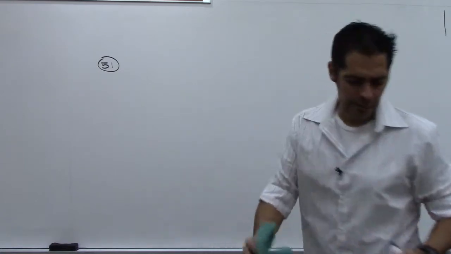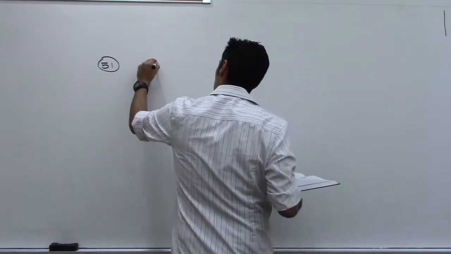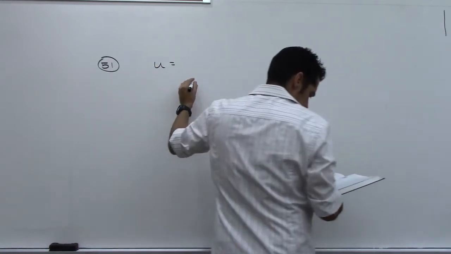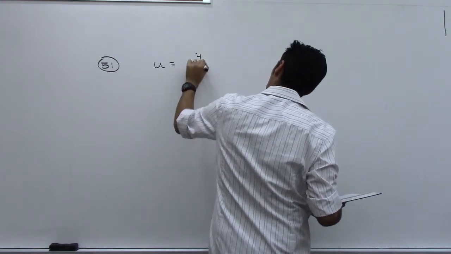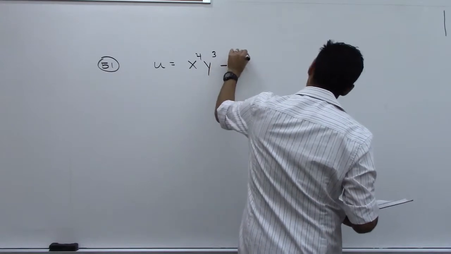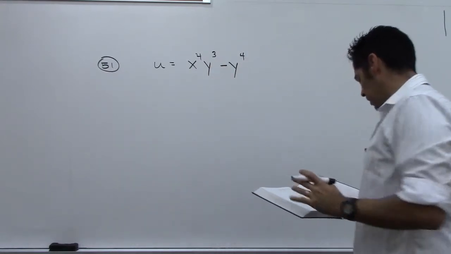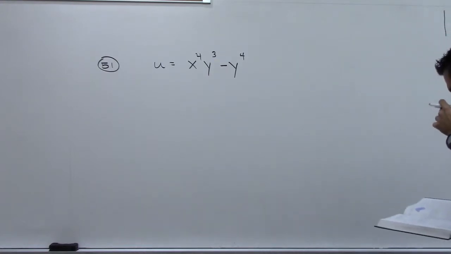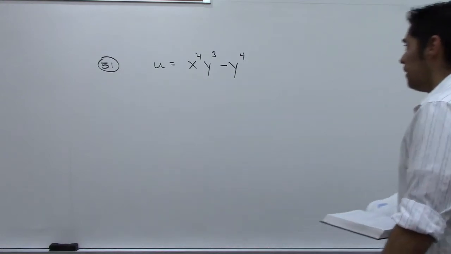So we're going to take a look at a function, u equals x to the fourth y cubed minus y to the fourth. Oh, by the way, I'm not doing number 47 and 49. I'm going to let you do those. Same principle as number 45, but they're a little more complicated.